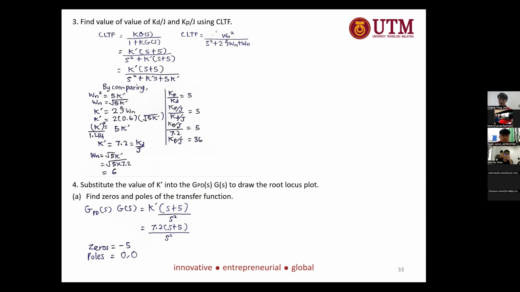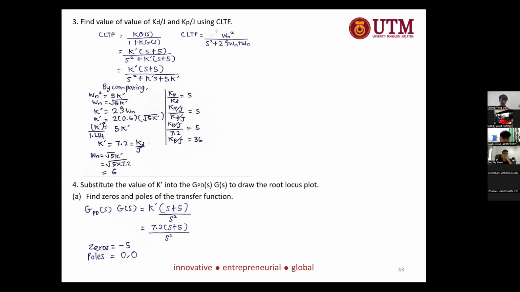Yeah. Then next, I find the values of KD over J and KP over J using the CLTF. So I firstly find the CLTF for the OLTF just now, like this. And then I do a comparison between the CLTF. And then finally, I can get the values of KD over J and KP over J. Like that.